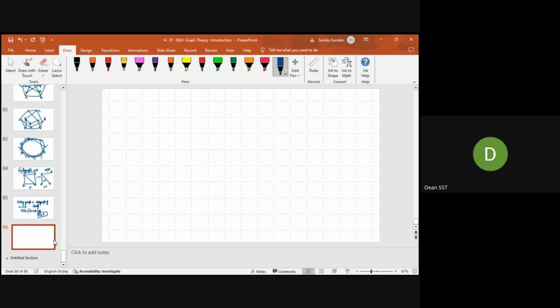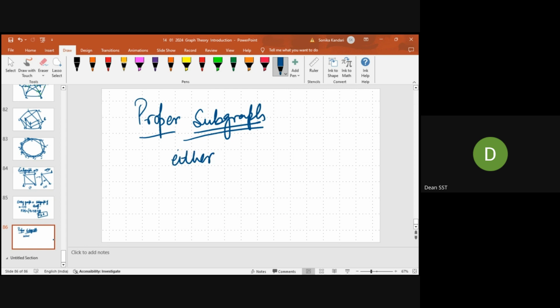But as you said, if one component is removed, then it could be a subgraph of the original graph, but a proper subgraph. For a proper subgraph, what we do? We simply try to remove one or more edges.